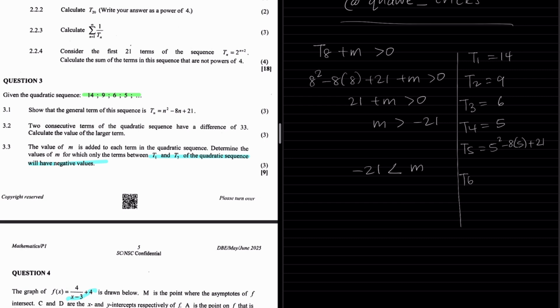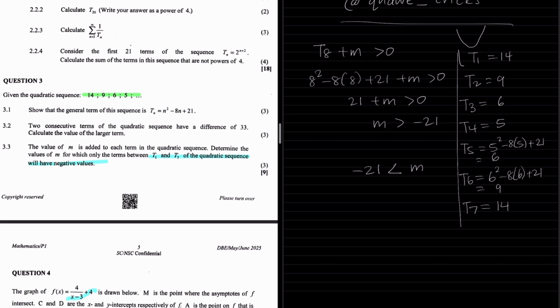Then t6 is 6 squared minus 8 times 6 plus 21. And t7 is 14. So t6 will be 9 and t5 will be 6. And this follows a parabolic shape.